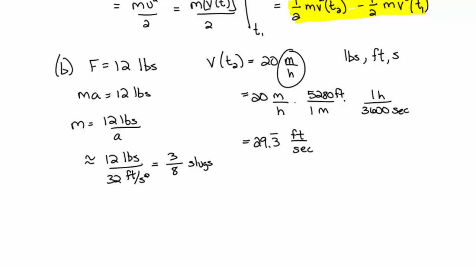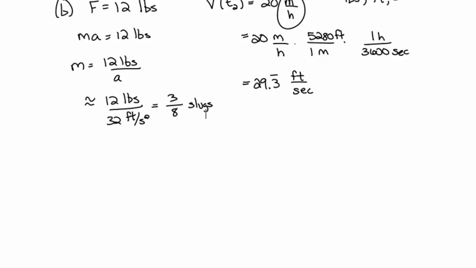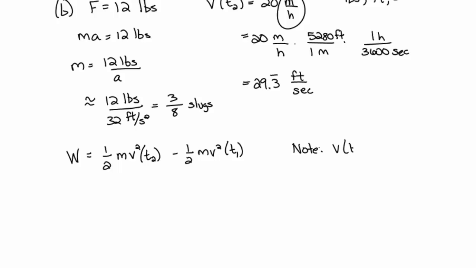All right, so let's go ahead and use the formula. Now remember, the work done is supposed to be the change in kinetic energy from time ending to time starting, or vice versa, actually. Note, when you first start, the velocity at time 1 is 0. So there's really no need to worry about this second piece.